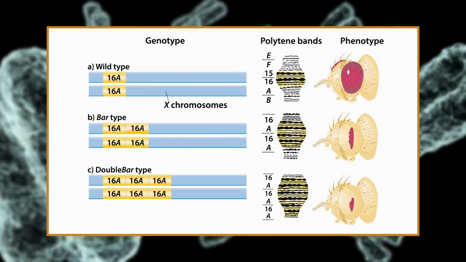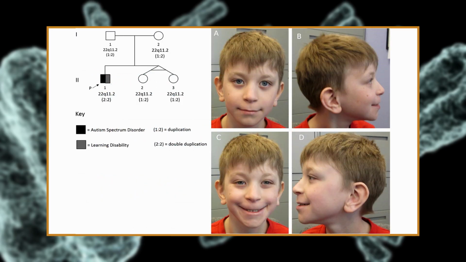If we talk about examples, we see the Bar eye phenotype in Drosophila melanogaster, the fruit fly, caused by duplication of the 16A segment on the X chromosome, leading to narrow, slit-like eyes. Or 22q11.2 duplication syndrome in humans, caused by an extra copy or part of chromosome 22.